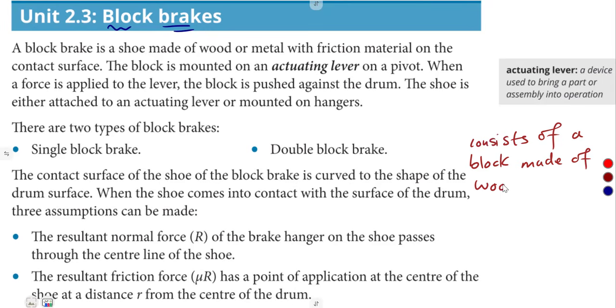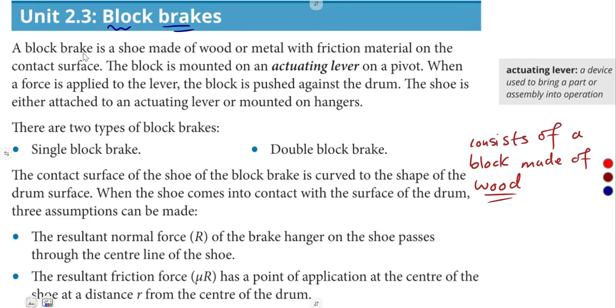Made of wood or similar materials that is lined with a friction material. So we are saying we can have any similar materials that is lined with what? A friction material. So that is what you have as the block brakes.